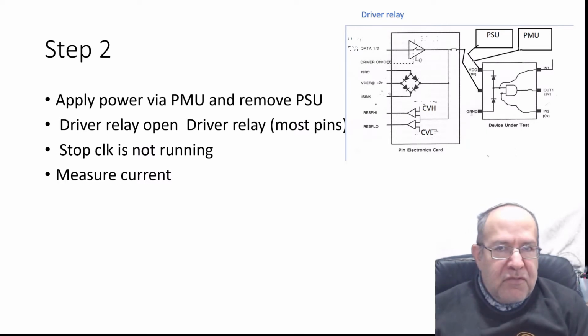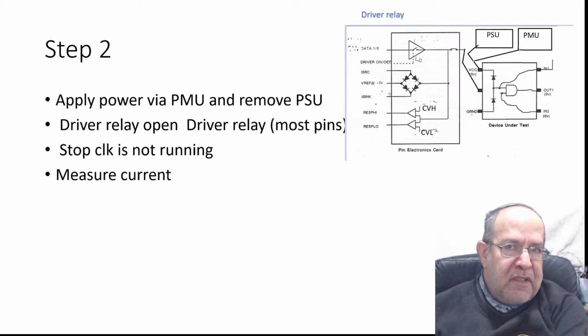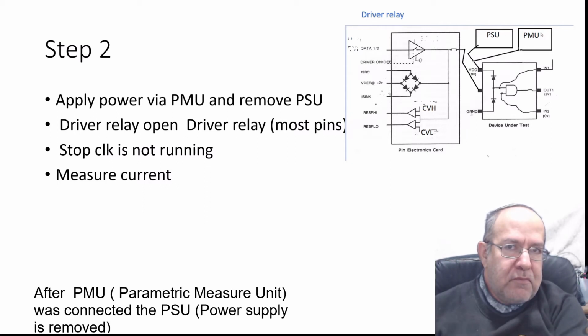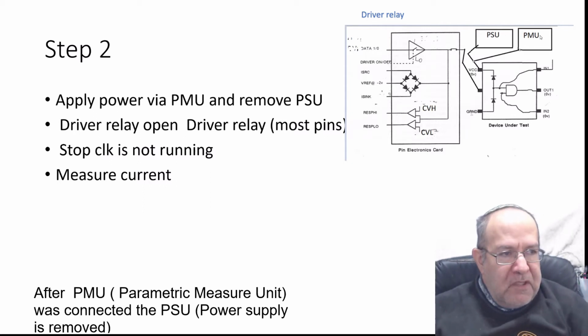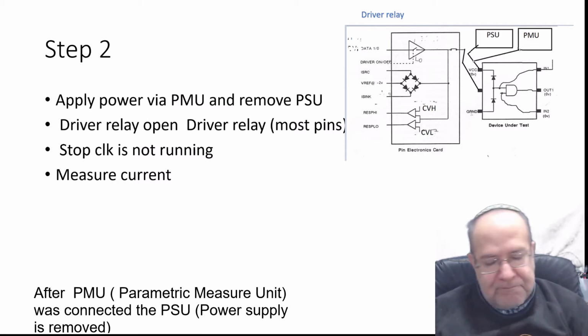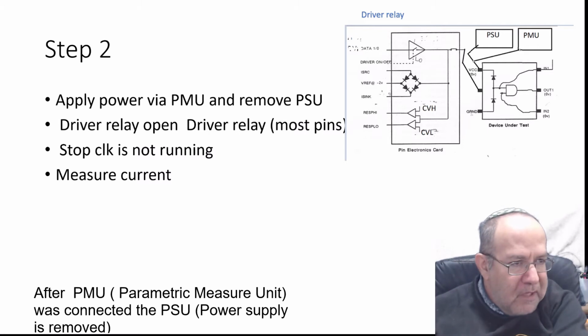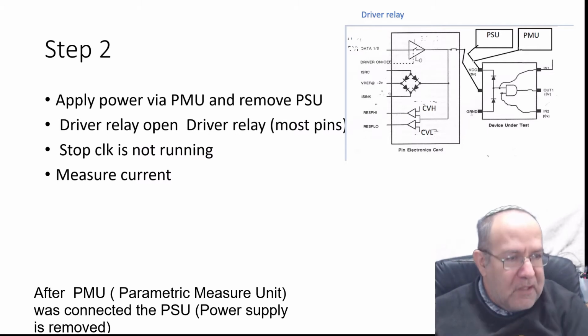What I'm going to do now is first connect the PMU at the same voltage as the power supply. They're all calibrated to the same voltage. You're not going to have current flow between the PMU and the PSU.